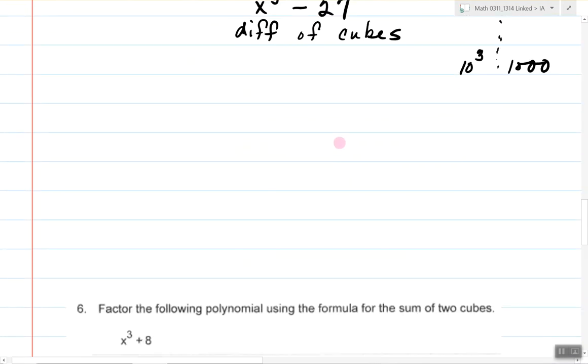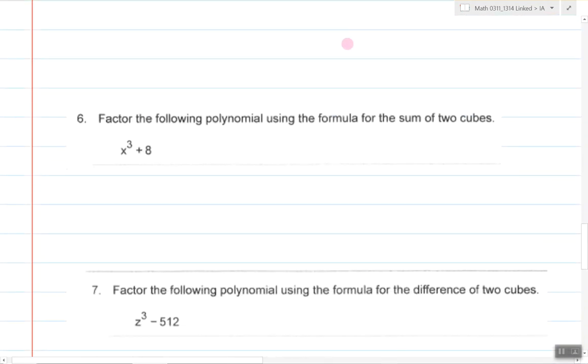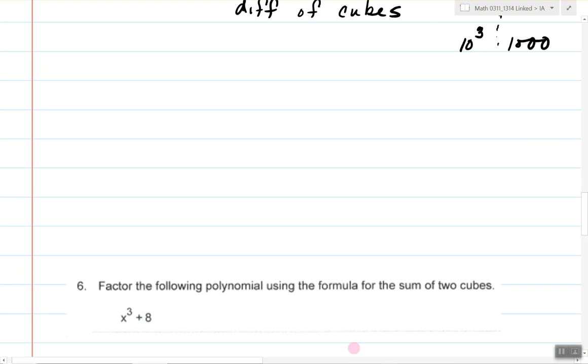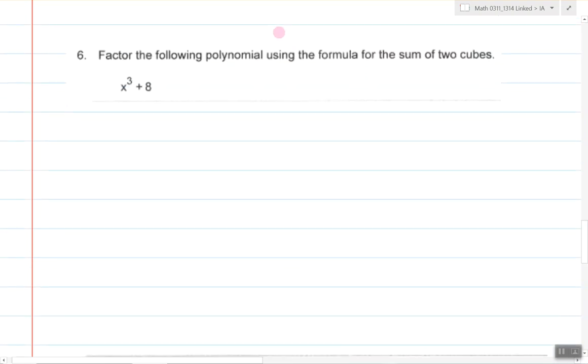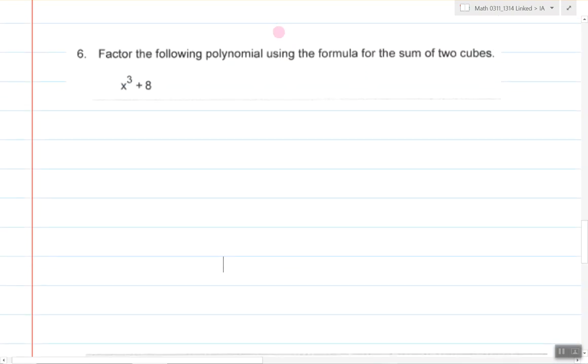And we're just going to go ahead and jump in. Let's take a look at our problem number 6. First, you have to be able to identify it as either the sum or difference of cubes. Now remember, when it's squares, it must be only difference. But with cubes, it can be a plus or a minus.